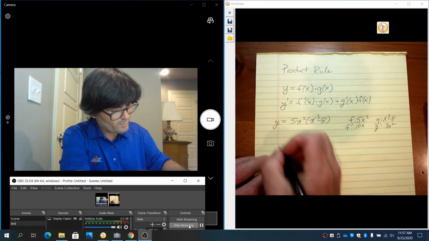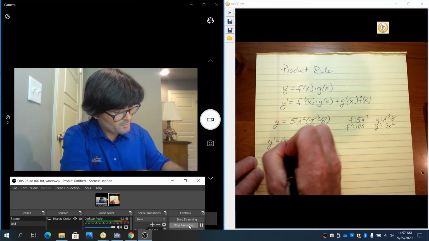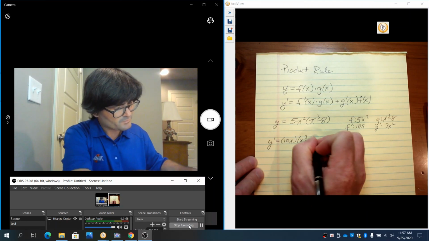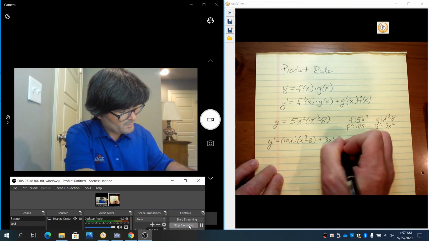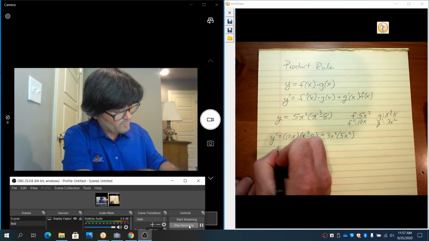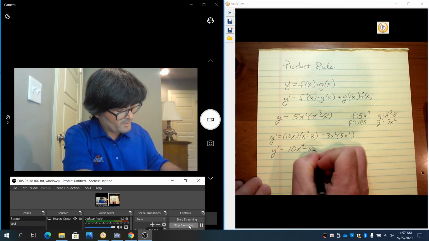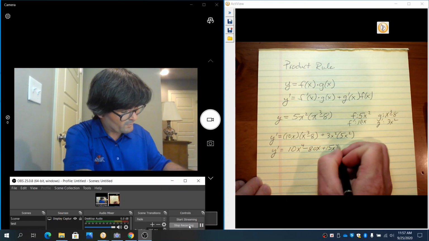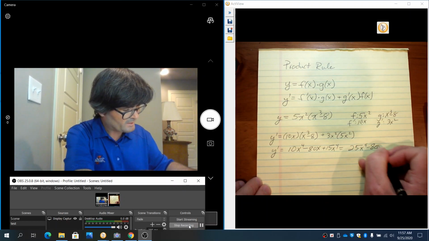And so if you put together your y prime, you get f prime times g, 10x times x cubed minus 8, and then plus g prime times f. We're going to clean this up and get y prime is 10x to the 4th minus 80x, and then plus 15x to the 4th, and that will all become 25x to the 4th minus 80x.